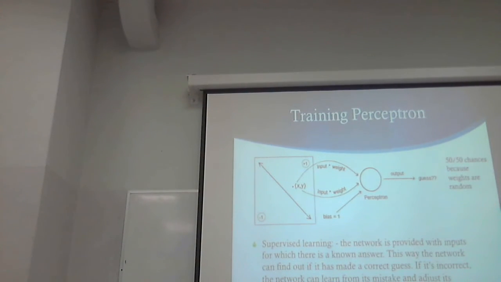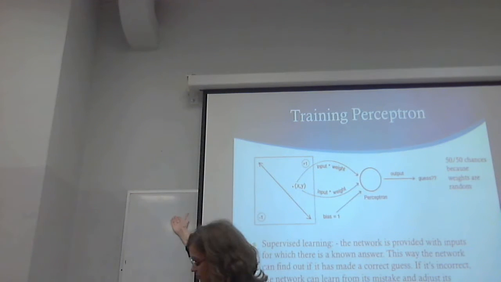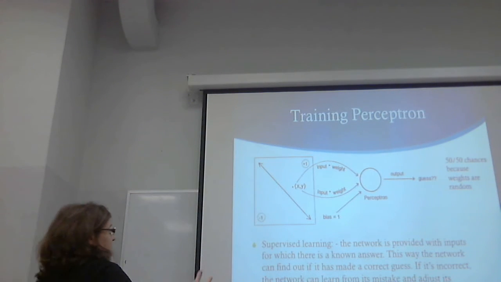First, how should my perceptron divide? Let it guess for the first time, because for the first time it doesn't know if it's positive or negative. Let's suppose there are 50-50 chances that it will be right or wrong. But then, after it learns if it's right or wrong, I will correct it.